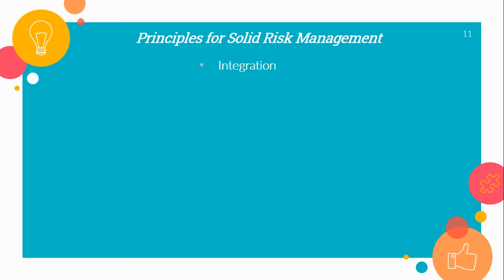An organization should integrate its risk management efforts into all parts and activities of the organization. Next is structured and comprehensive. Creating and following a comprehensive, structured risk management approach leads to the most consistent, desirable risk management outcomes.